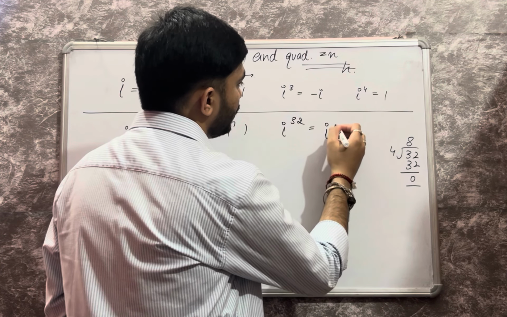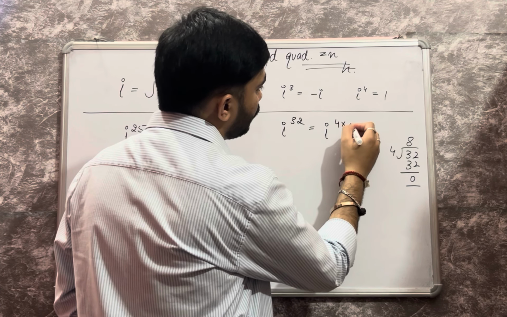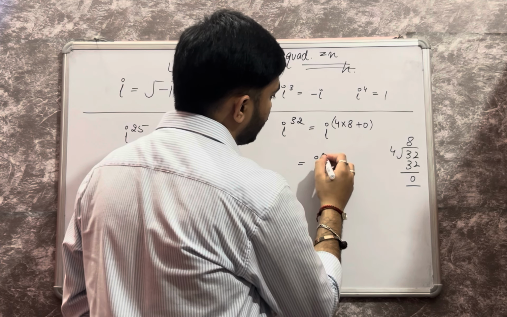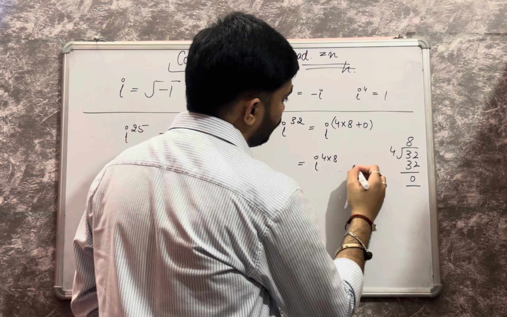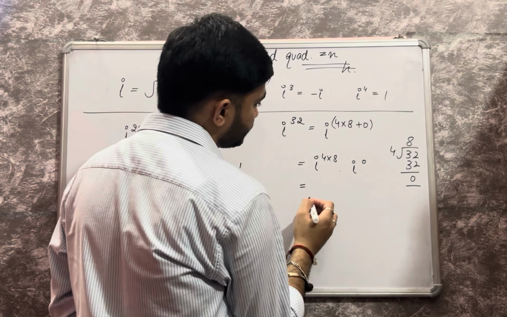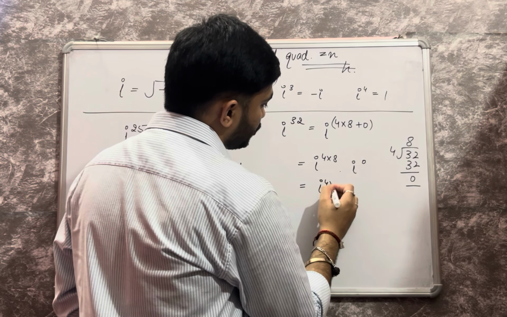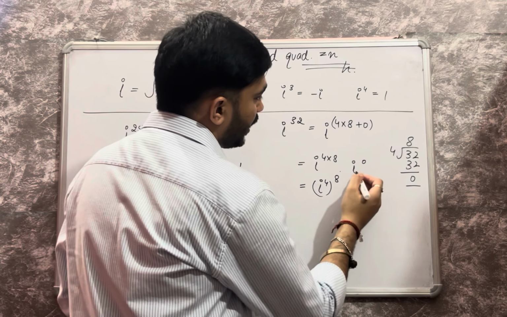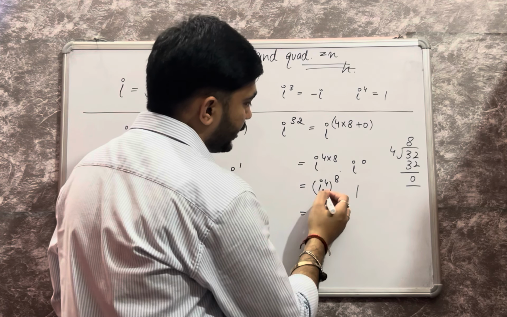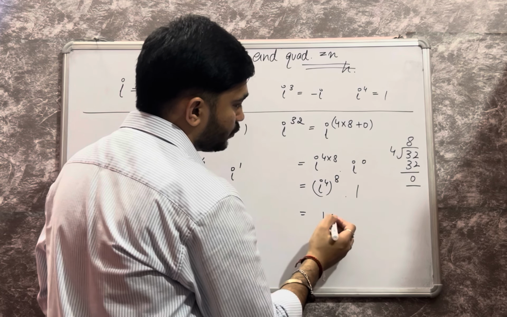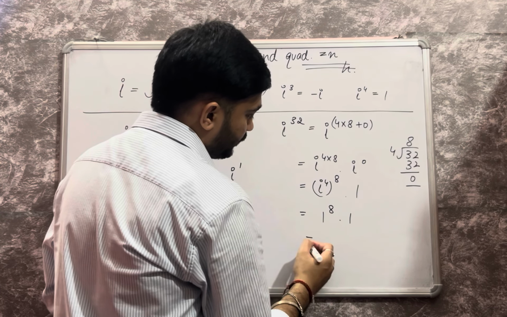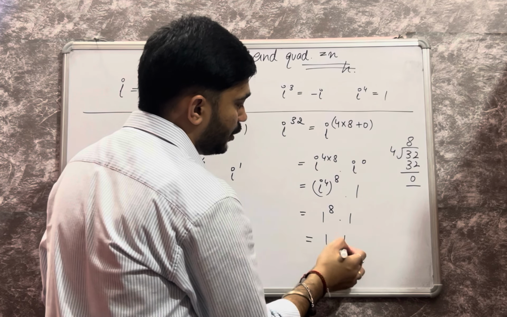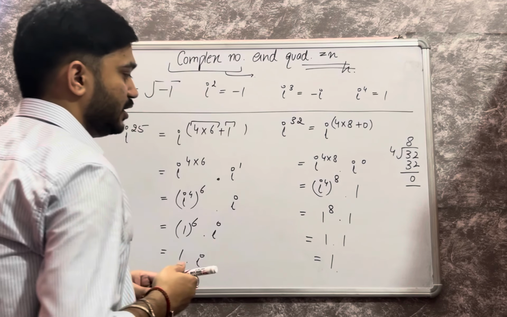So write it as iota raised to 4 into 8 plus 0. You will get iota 4 into 8 into iota raised to power 0. Write iota raised to power 4 outside the bracket, into anything raised to power 0 is 1. Iota raised to power 4 is also 1, 1 raised to power 8 into 1. 1 raised to power anything is 1, into 1, so the answer of this question is 1.